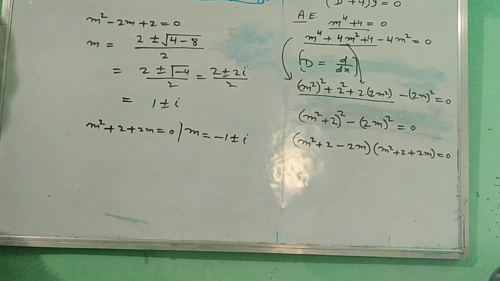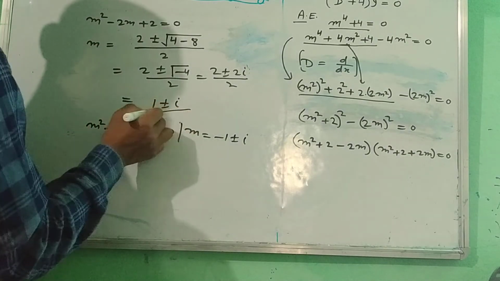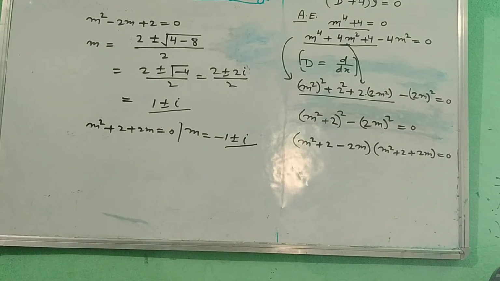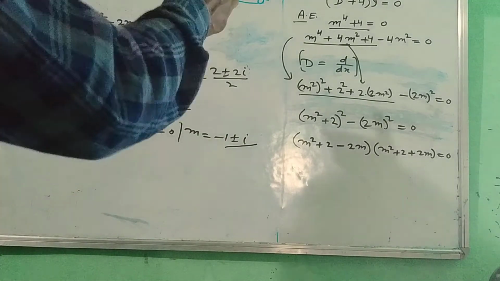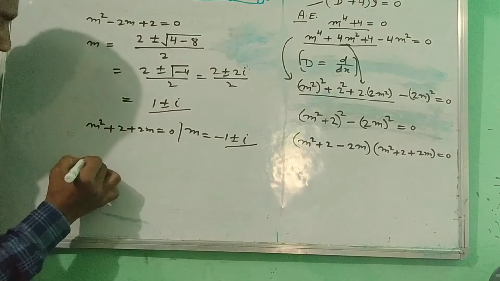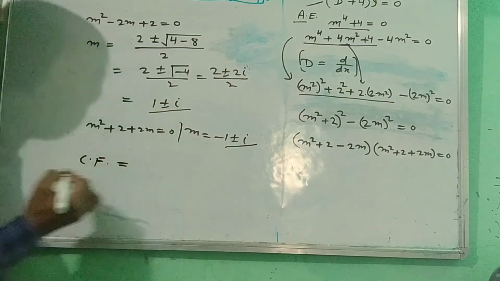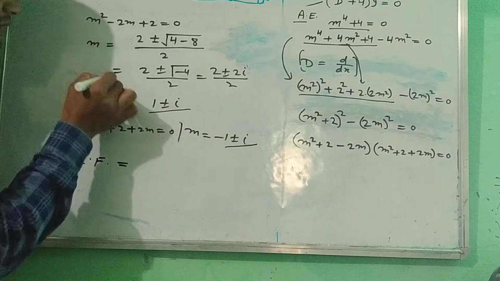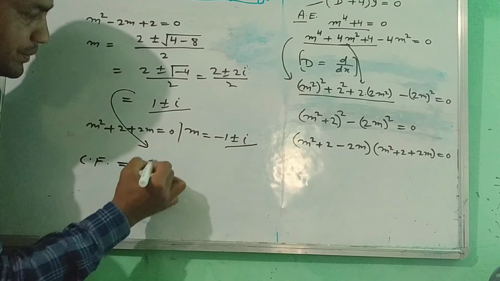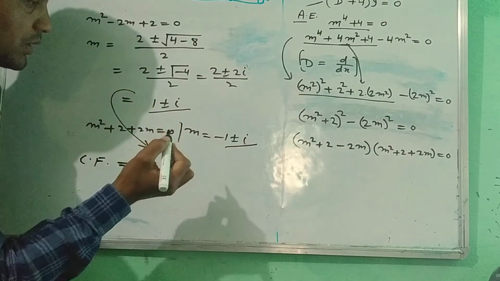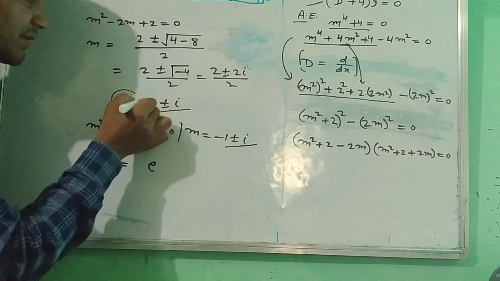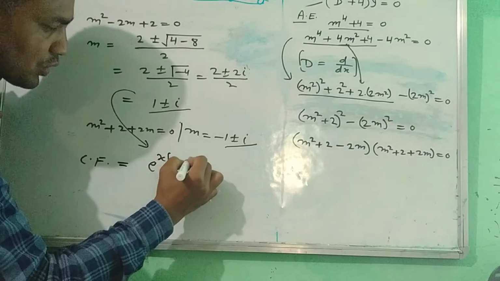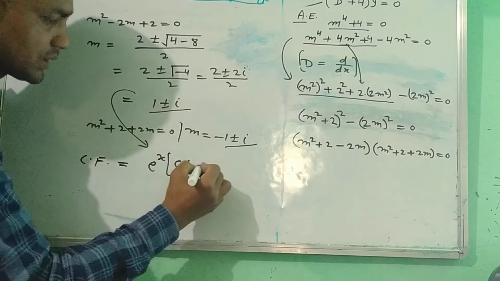Now we have the two roots: the first pair of complex roots and the second pair of complex roots. The complementary function for this differential equation is, for the first pair, e^(αx)(c1 cos βx + c2 sin βx), where α is 1 and β is 1, so e^x(c1 cos x + c2 sin x).